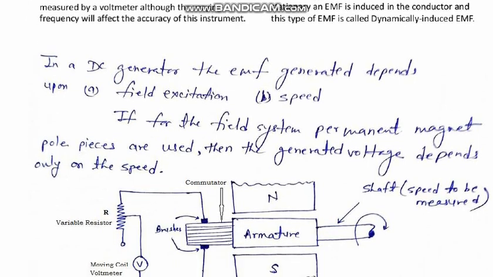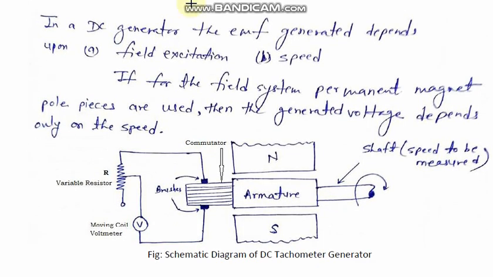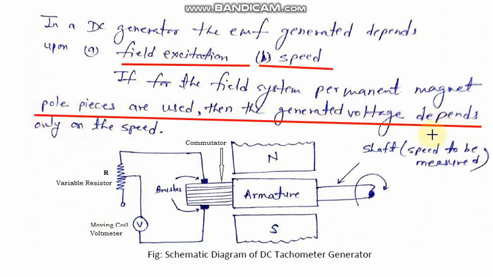In a DC generator, as you very well know, the EMF generated depends on first the field excitation and second the speed. If the magnet is at a constant position and its magnetic field is constant, for that type of field system pole pieces are used, and the generated voltage depends only on the speed.